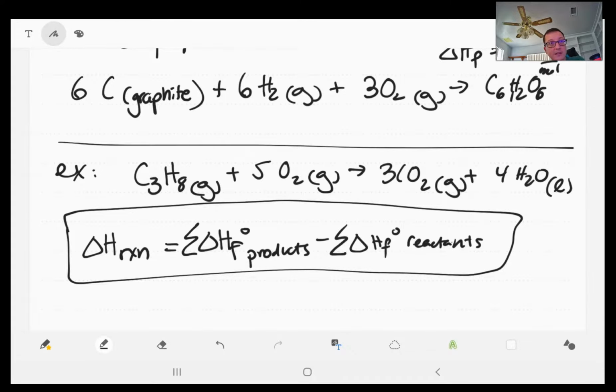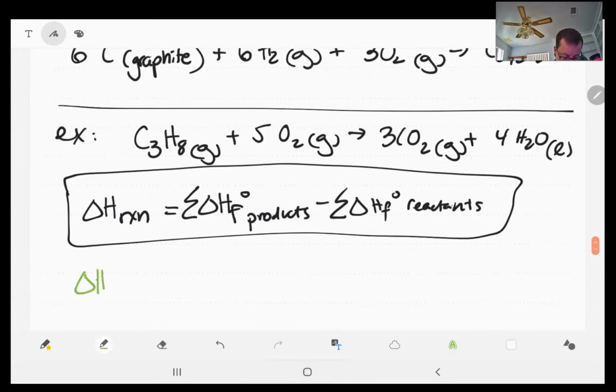And so we just need to consider, okay, what do we have here? For this particular reaction, we're going to need 3 times the delta HF of CO2. Why do we need 3? Because there's a 3 in our reaction. Delta HF tells you 1 mole, so if we need 3 moles, which our coefficient is, we need 3 of those delta HFs.